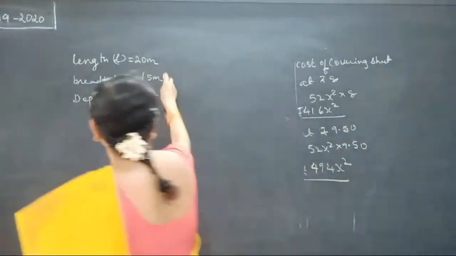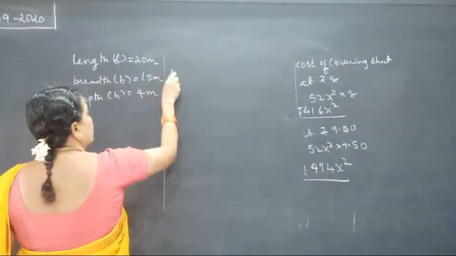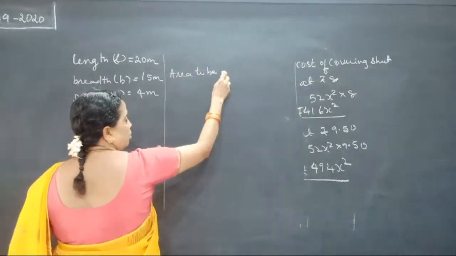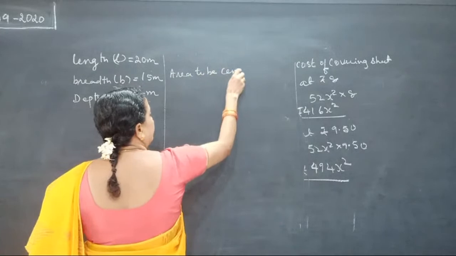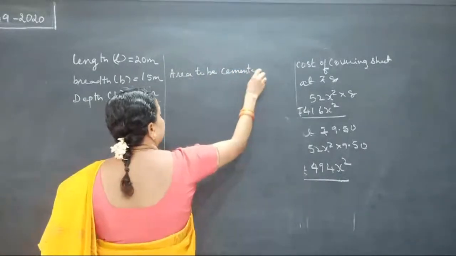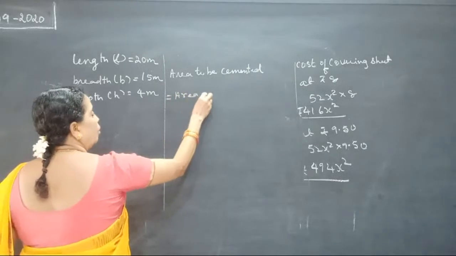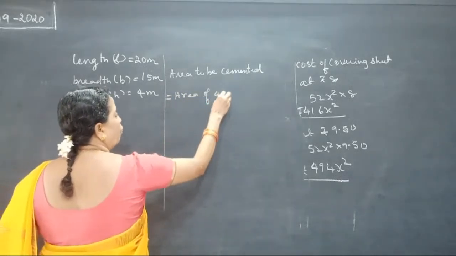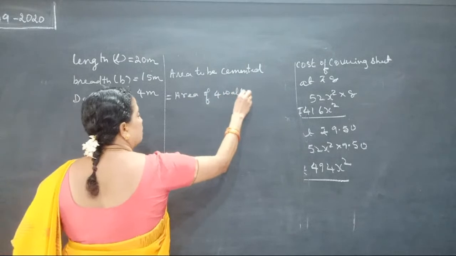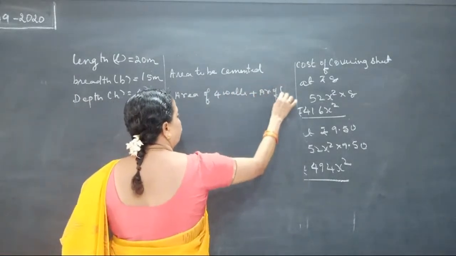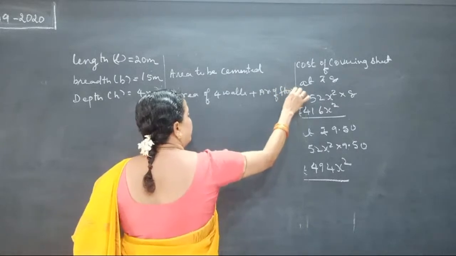So now the area to be cemented equals area of 4 walls plus area of floor.